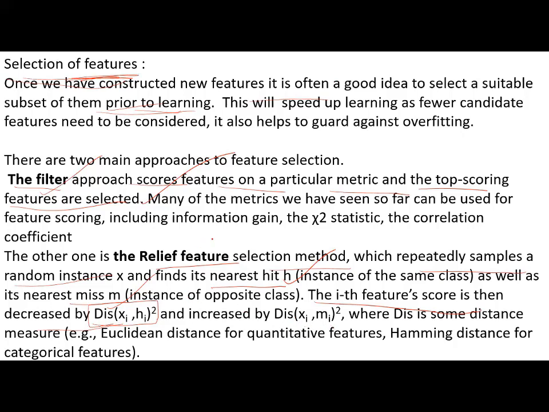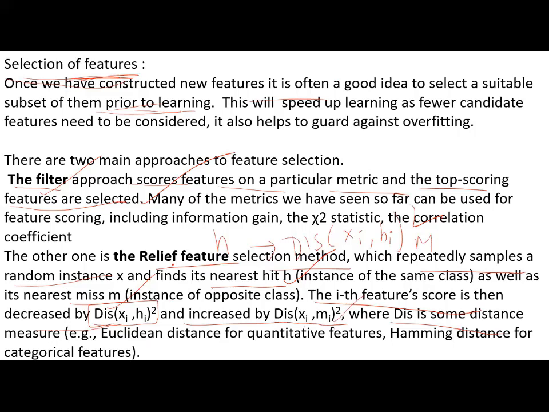That is, if it is a hit, then the score is decreased by distance of xi, hi whole square. If it is a miss, then the score is increased by distance of xi, mi whole square, where d is some distance measure.